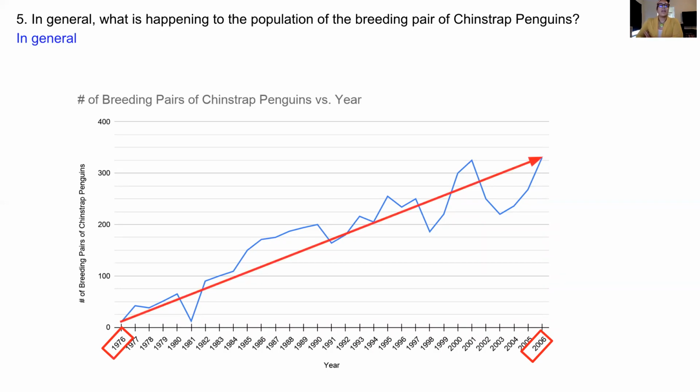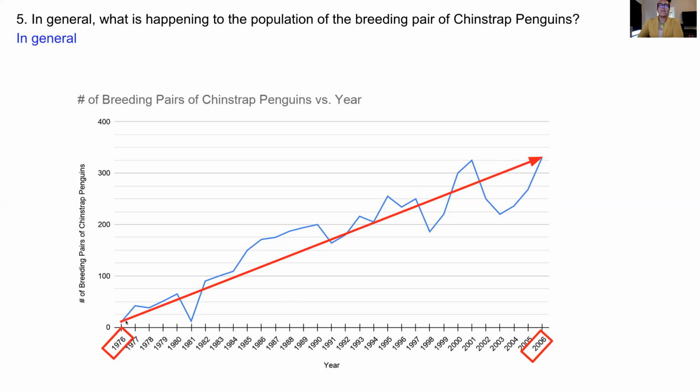And you can see the arrow that kind of goes through this data here is a straight arrow, and it's going up. Okay, indicating that the numbers of breeding pair of chinstrap penguins are increasing. We have more breeding penguins, about 325 in 2006, than we did in 1976.